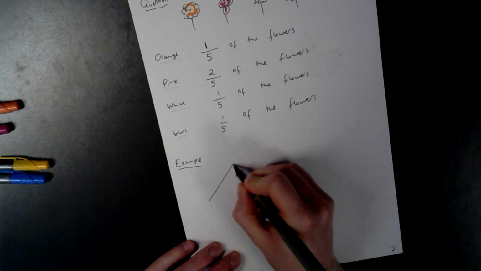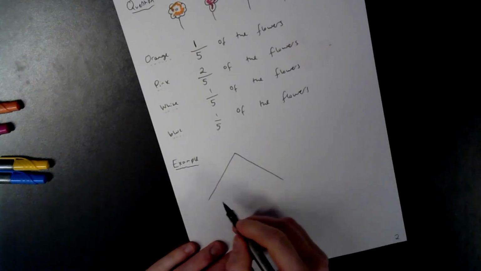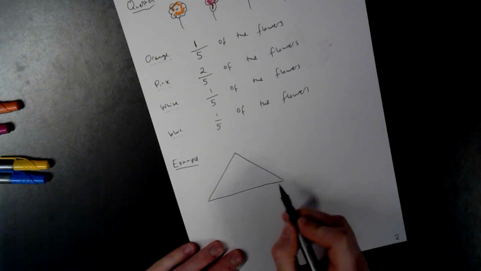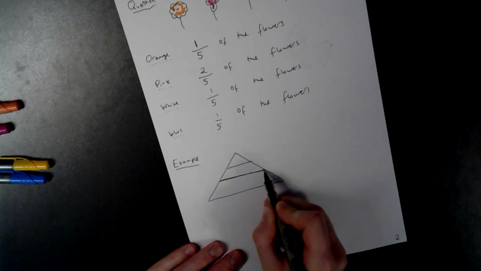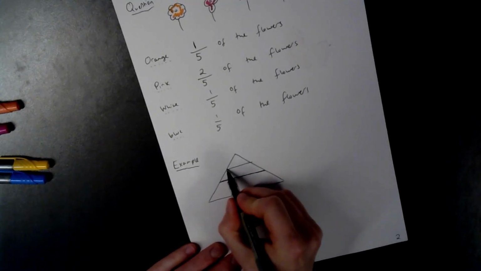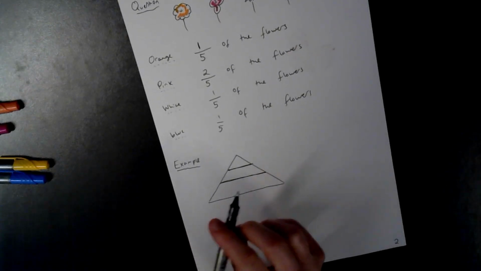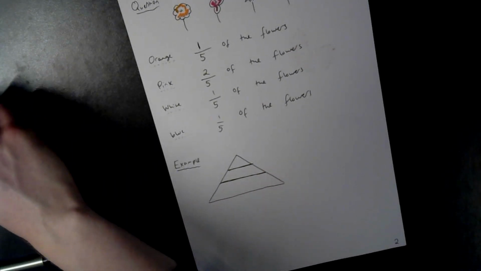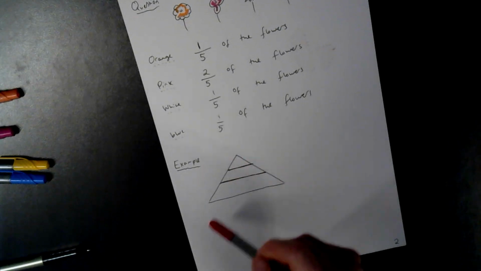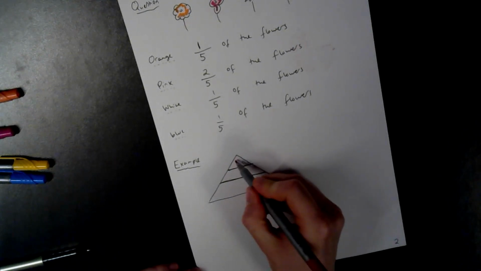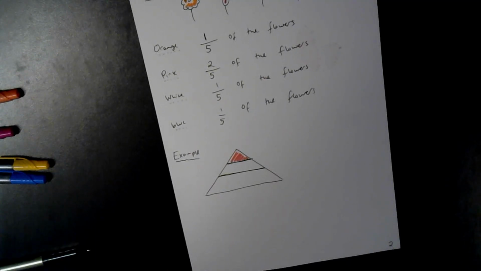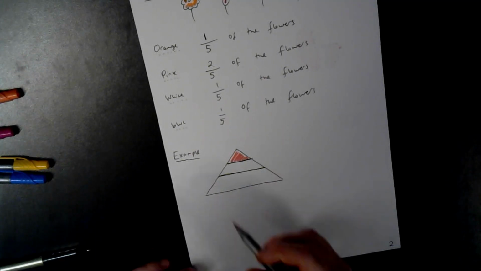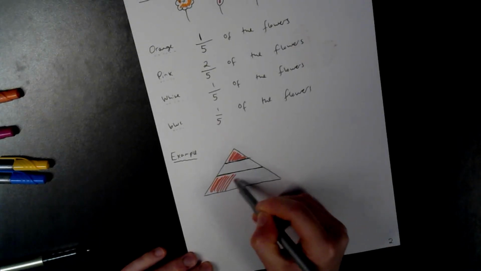So let's imagine that you're decorating part of your bedroom, and it's in this triangle shape here, and the top part of the triangle is red, the middle part is white, and then the bottom part is red.